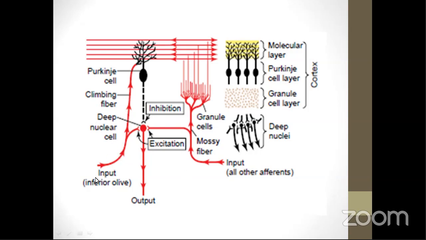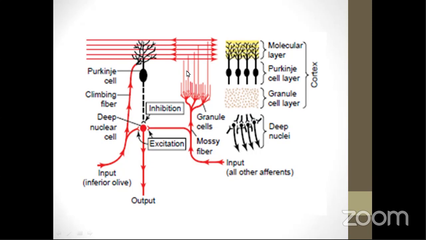Climbing fiber comes completely from the inferior olive, whereas mossy fibers are from all other areas. The mossy fibers are going to the granule cells, and the granule cells will be again having connections with all other cells by these parallel fibers.